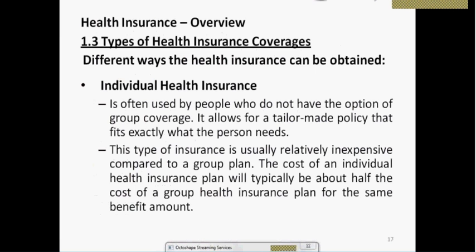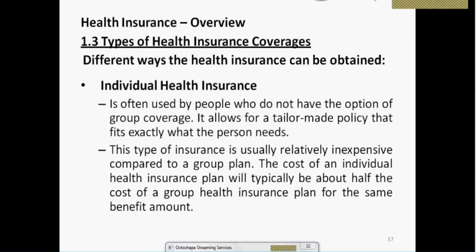Okay, so we will move on to our next topic, to try to understand the different insurance coverages. There are different coverages, if it is an individual or if it is in a group, if it is provided by your employer, or if there is another coverage called COBRA. So let us deal with individuals and try to understand what these coverages are.